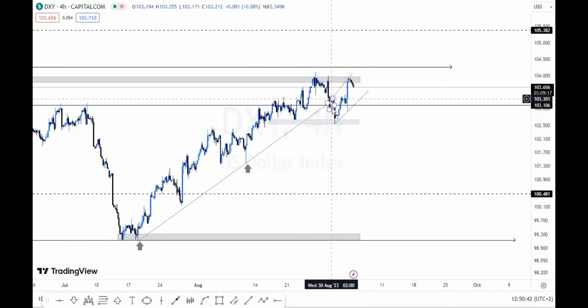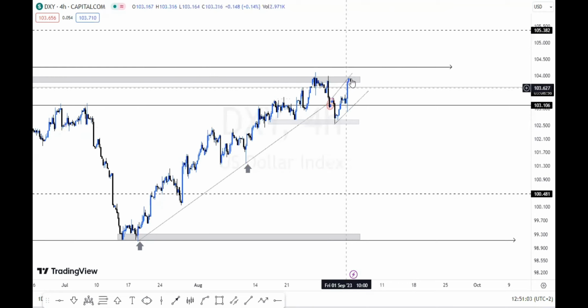This was just to fool or lure in all the sellers who were waiting for the break and retest. So this obviously looks too good to be true, and that's why it was short-lived. So the real retest is probably going to be a pattern that could potentially be forming, if I'm not reaching, right?